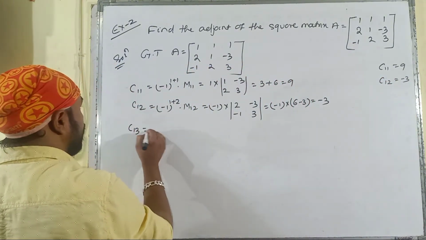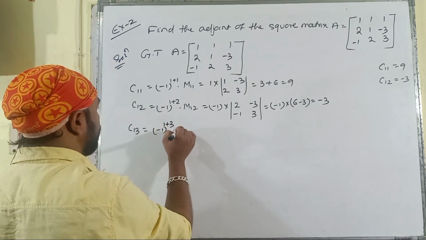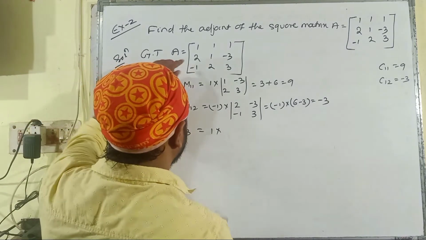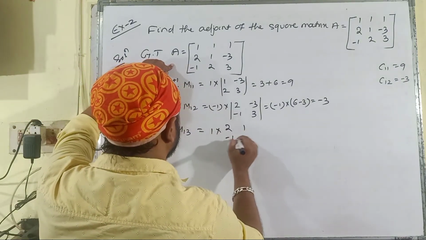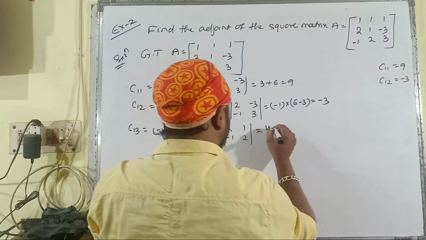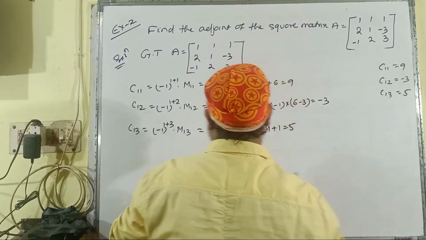Then C13 is minus 1 to the power 1 plus 3 multiplied with M13. It is plus 1 multiplied with 2, 1, minus 1, 2. It is 4 plus 1, that is equal to 5. So C13 is equal to 5.